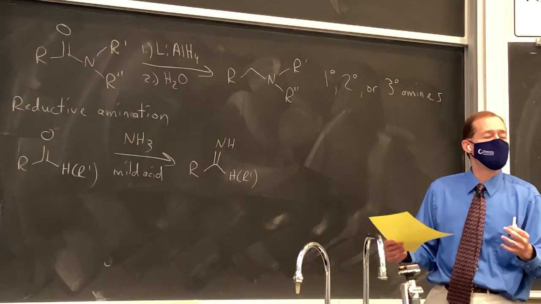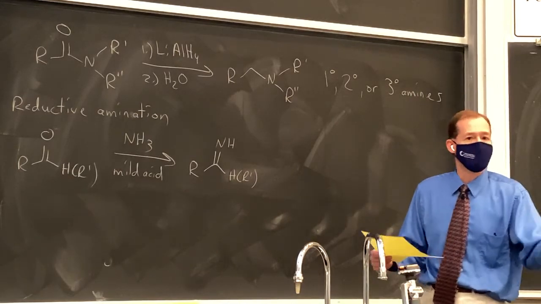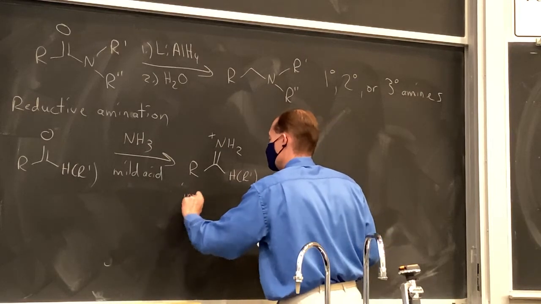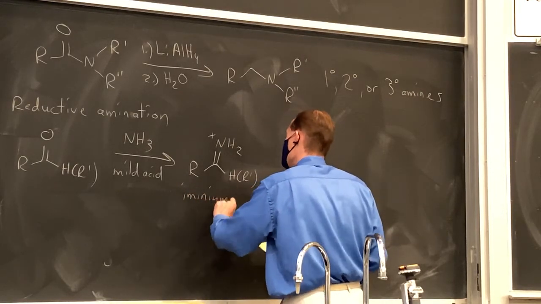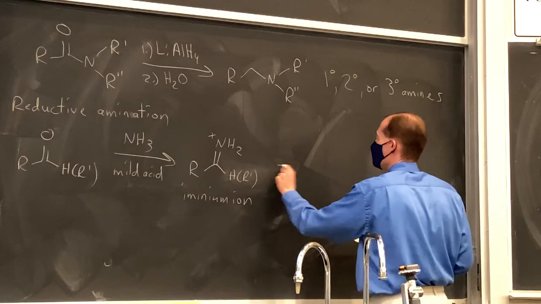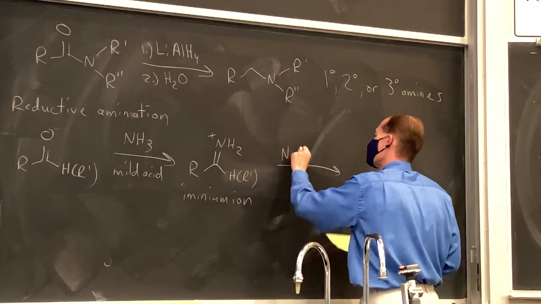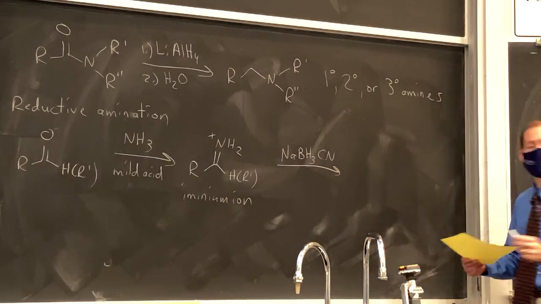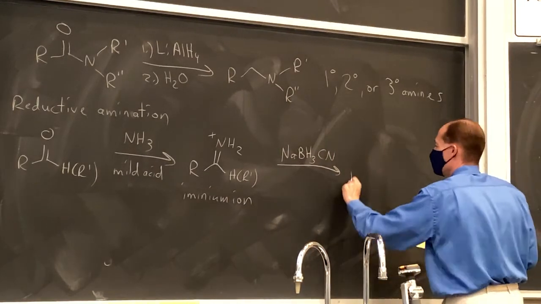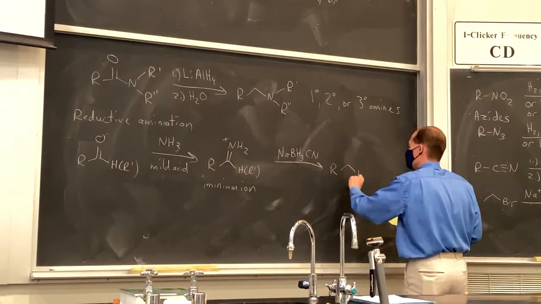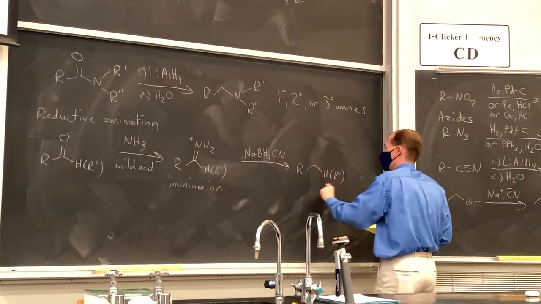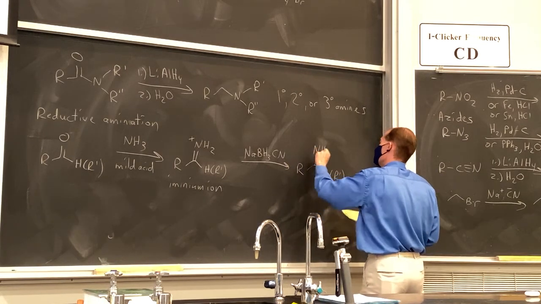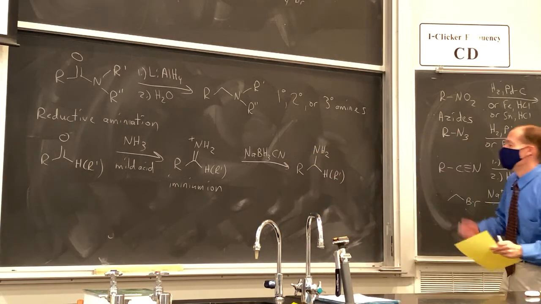Now the imine is in equilibrium with the iminium ion. The iminium ion is the precursor to the imine. And the iminium ion can be reduced by a special reducing agent called sodium cyanoborohydride. It's very similar to sodium borohydride, but it has a cyano group replacing one of the hydrogens.